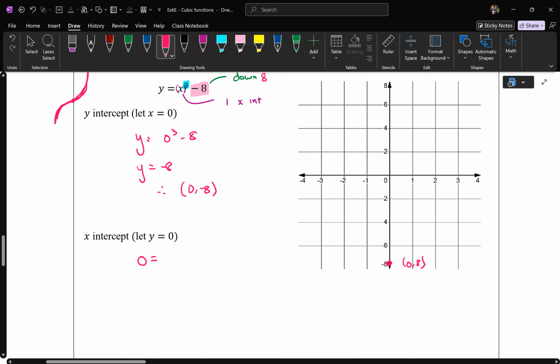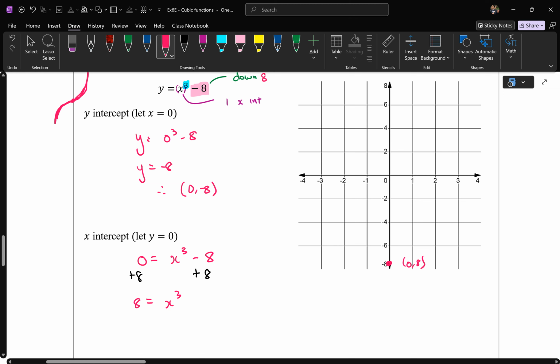The x-intercept is y equal to 0, so you've got x cubed minus 8. From here, you can use the skill that I taught you, the difference of cubes formula, or you can just do what I've just been teaching you, inverse operations. Opposite of minus 8, add 8 on both sides. 8 is equal to x cubed.